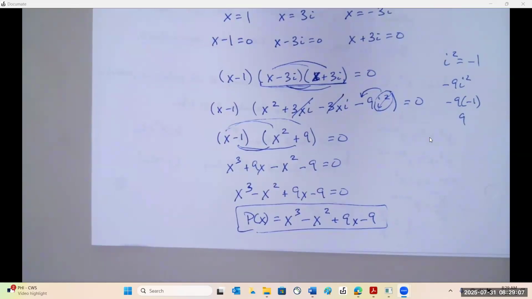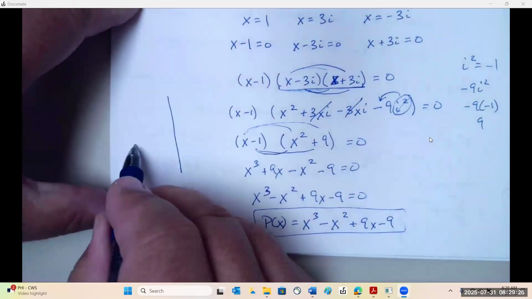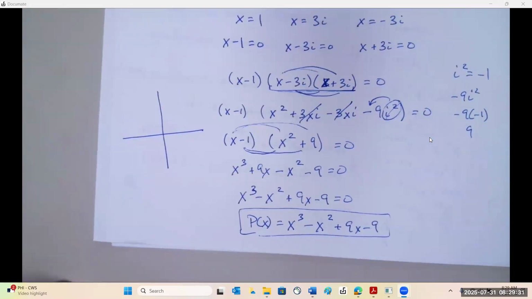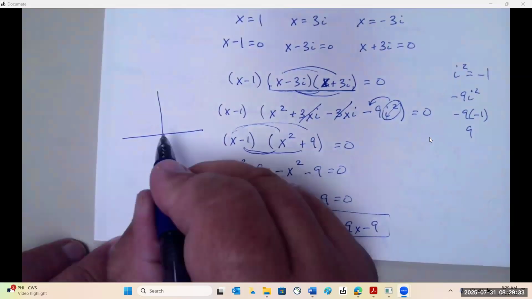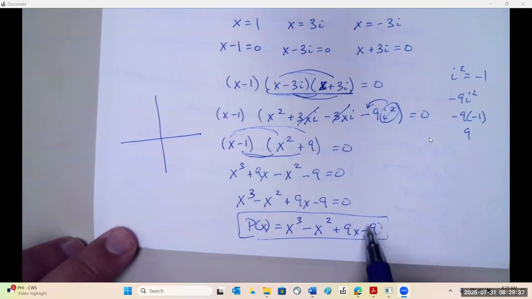Let's see. Now, what would this graph look like? It'd be an increasing function. It'd be cubed. It's cubic. Let's do it over here. It's cubic. What are my intercepts that I know of? I said -9.